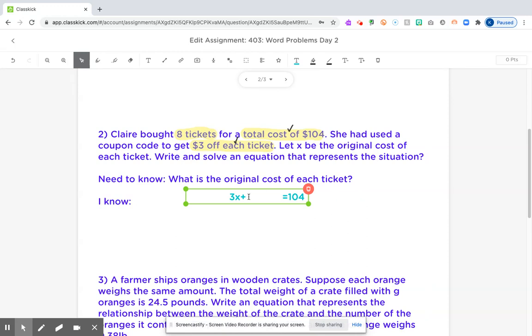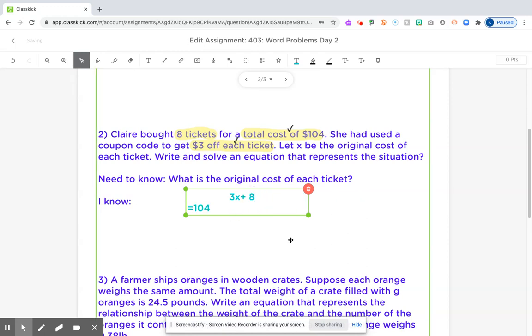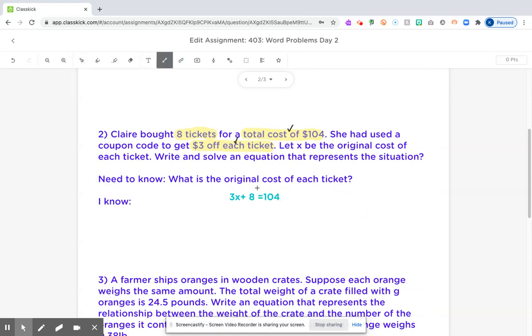So 3x plus 8 is equal to 104. Okay? That's that. Now what you have to do is solve it. And I'm going to draw my line.